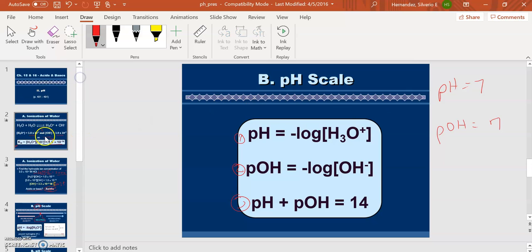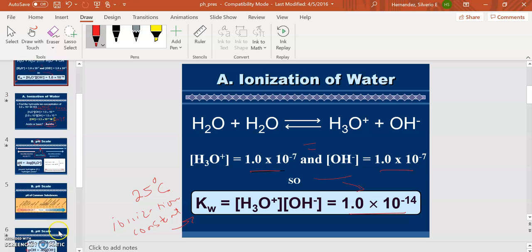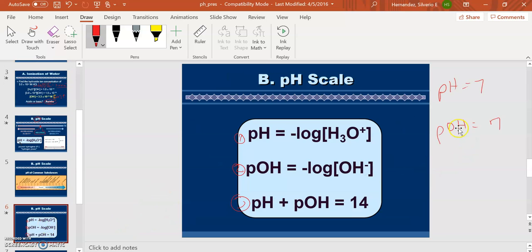Again, going back up to this slide, if I take a log of these two numbers, I get 7. And so again, 7 plus 7 is going to give me 14. So this is where this equation comes from: the pH plus the pOH is equal to 14.